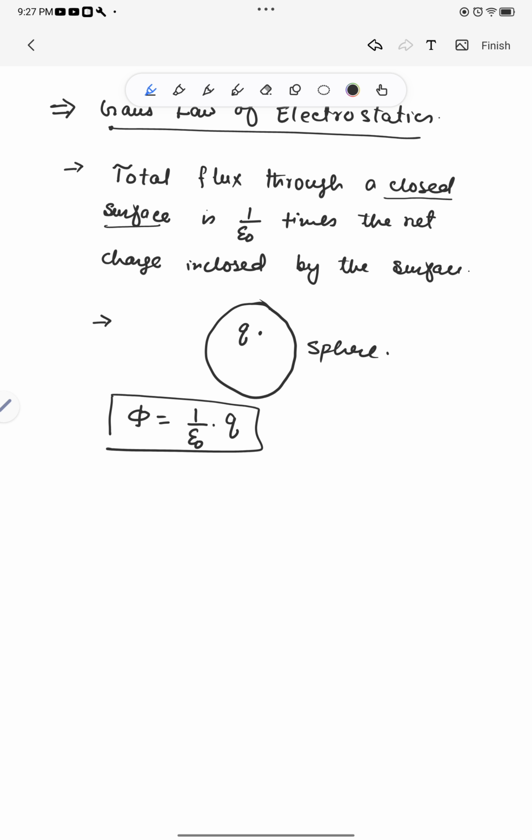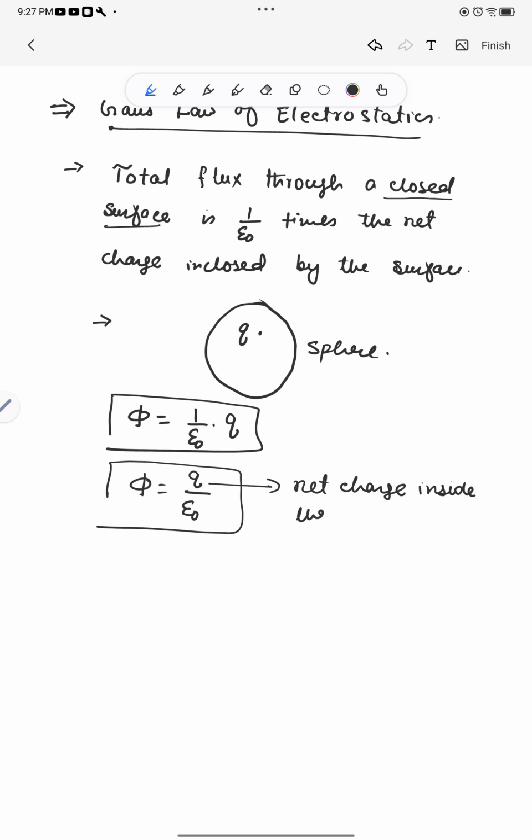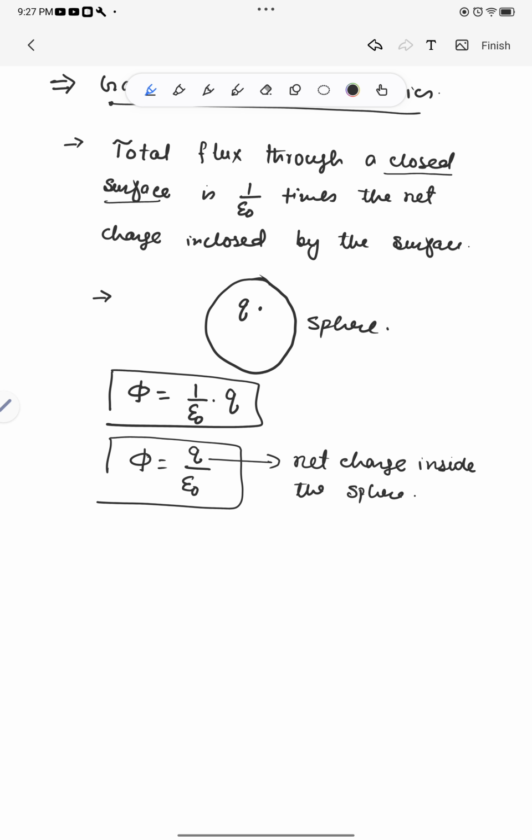That means phi is equal to q by epsilon naught, where q is the net charge inside the surface, or here inside the sphere. This is the basic statement of Gauss law.